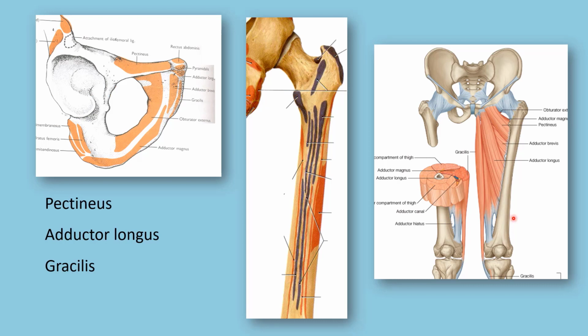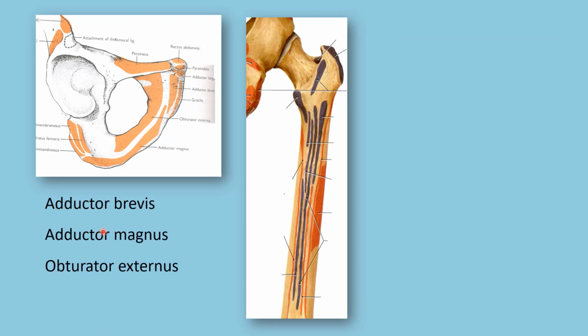Gracilis is not shown here. Here it is. Gracilis goes down to insert on the medial aspect of the tibial condyle. Very near to the insertion of gracilis, we find two more muscles from the front of the thigh and back of the thigh. We shall discuss them a little later.